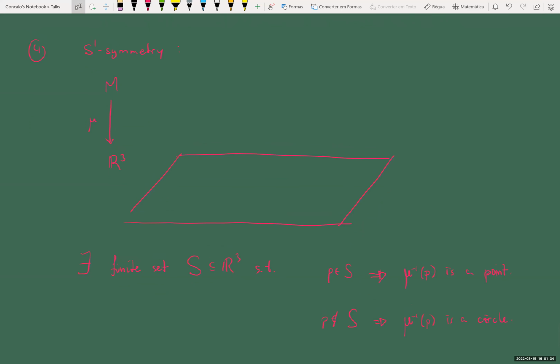Okay, so let me draw the points of this set. Let's suppose that these are the points of the set. If I pick a point P that is in the set, let's say this one, then the preimage is a point. If I pick this one, for example, then the preimage is also a point. But if I pick any other point, then the preimage is a circle.